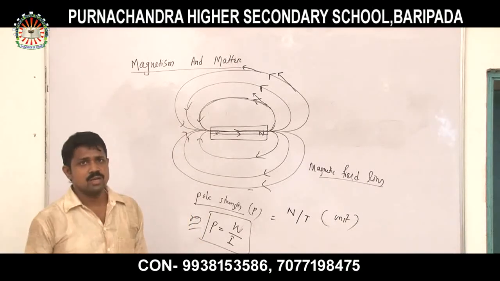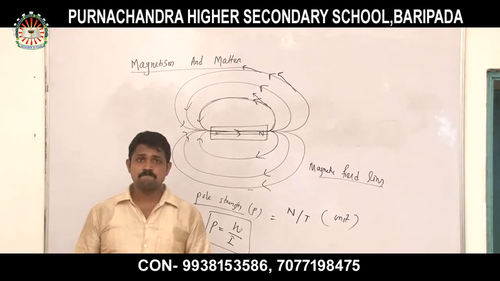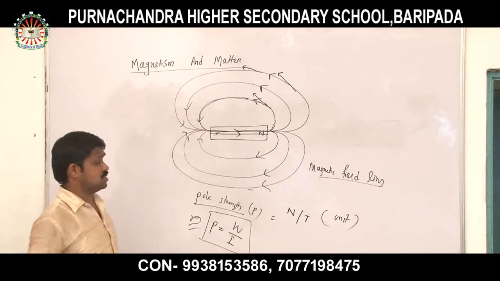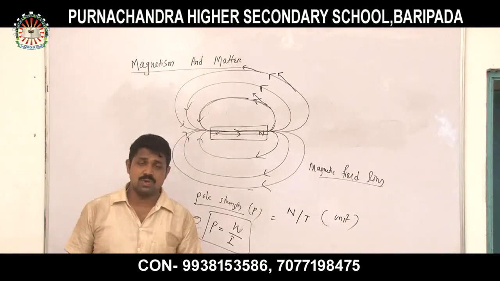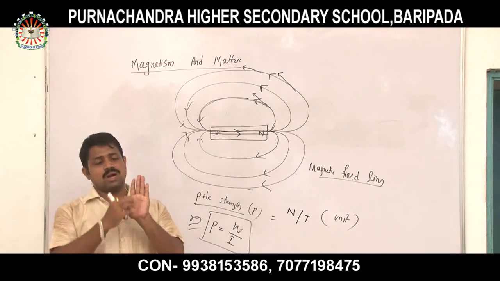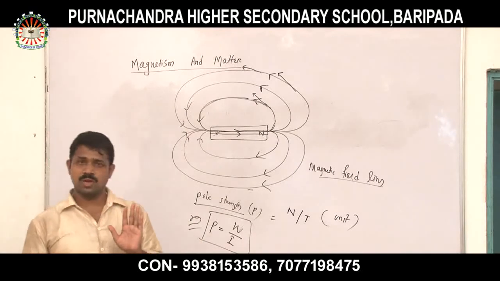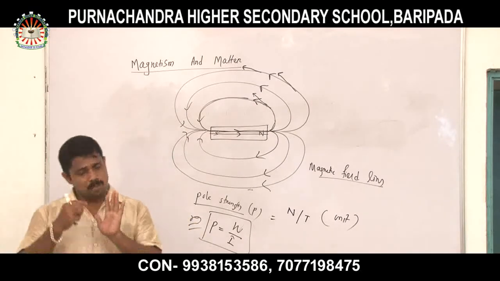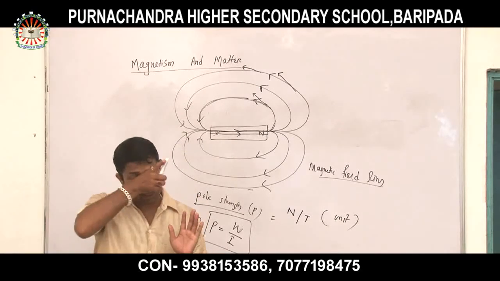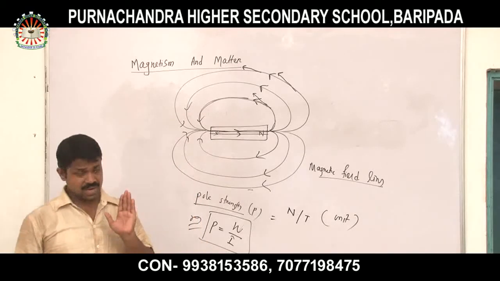Understood? Okay. So these are the introductory class of your magnetism and matter. In this class, let us summarize what we have discussed. We have discussed what magnetism is and its important properties. Then we moved into the magnet, natural magnets and artificial magnets. Then we moved into the bar magnet and its properties.